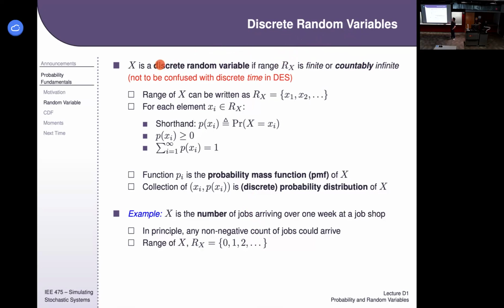So this discrete is maybe in a very loose way related to the discrete that we talk about in discrete event system simulations, but that discrete is about time being countable, not about the values that you can get at any instant of time. This is about the values that you can get.